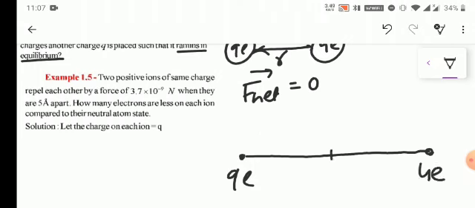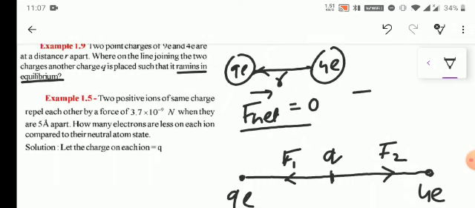You have to put a charge q between 9 electrons and 4 electrons. The force between q and 9 is f1 and the force between q and 4 electrons is f2. For equilibrium, you have to prove that the net force on it must be 0. So f net must be 0, which means f1 is equal to f2.